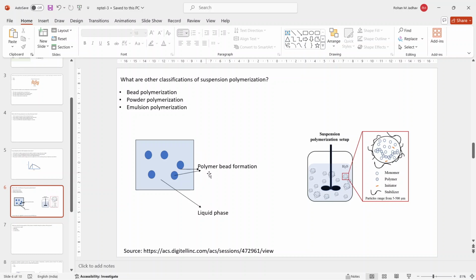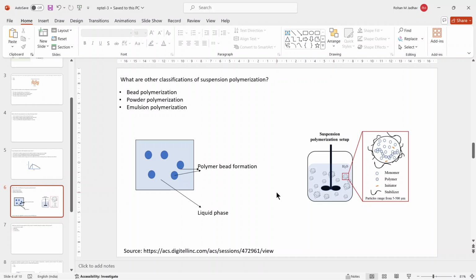You can see right here that bead-like structures will form where the polymer will solubilize and reform a coagulated small section where it will look like a bead. And this bead formation is why the term bead polymerization comes into the picture.